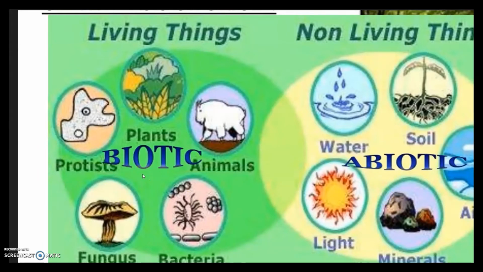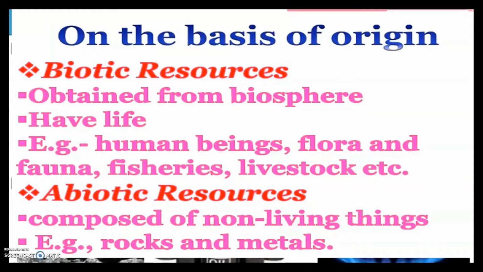Biotic resources are obtained from the biosphere and have life, such as human beings, flora and fauna, fisheries, livestock, etc. Abiotic resources are all those things composed of non-living matter, for example rocks, metals, etc.